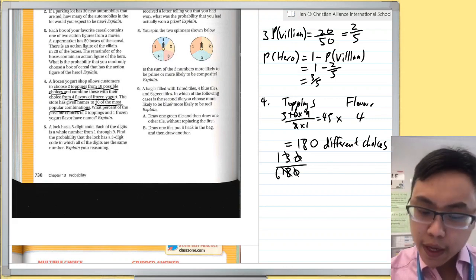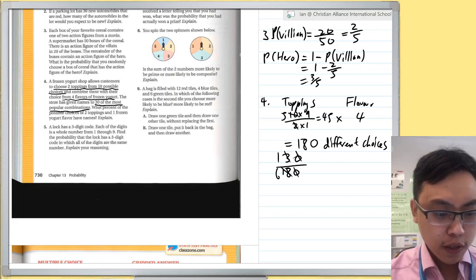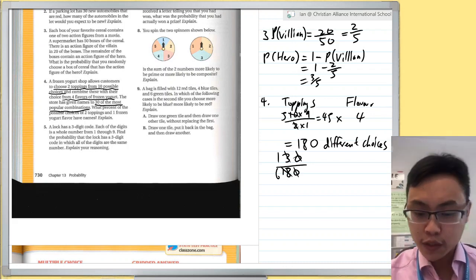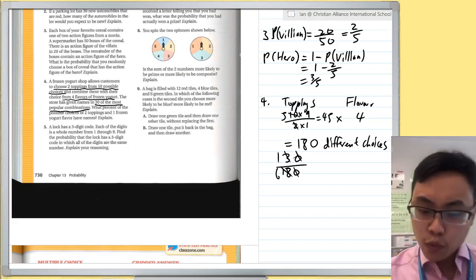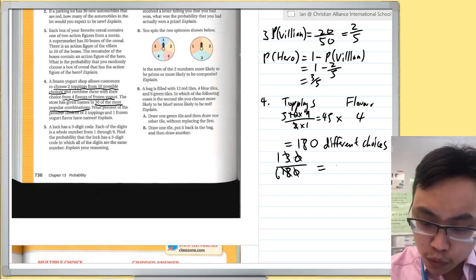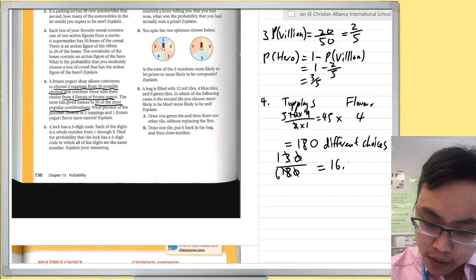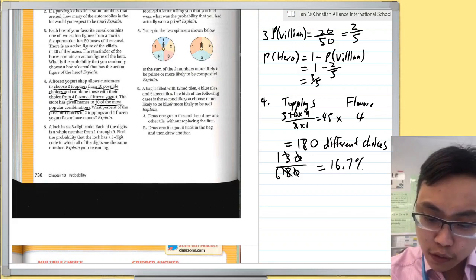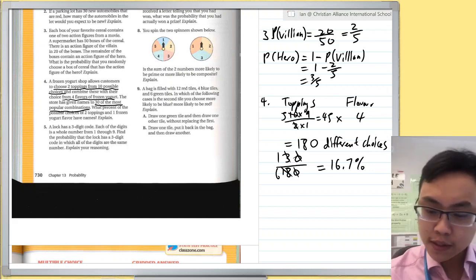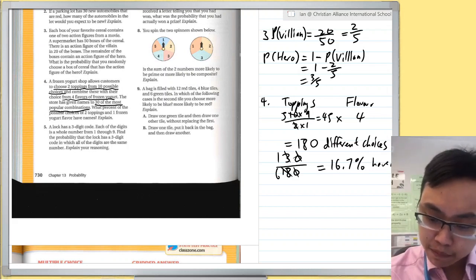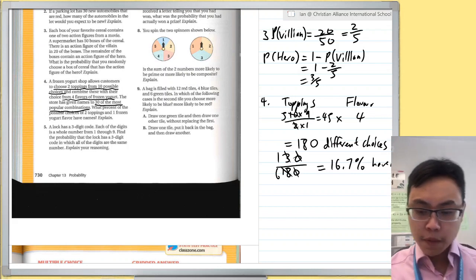We want to convert that into a percent. So 1 divided by 6, I think we did that last lesson. It was 0.1666, so equal to 16.7%, or 6 recurring. So 16.7% have names.